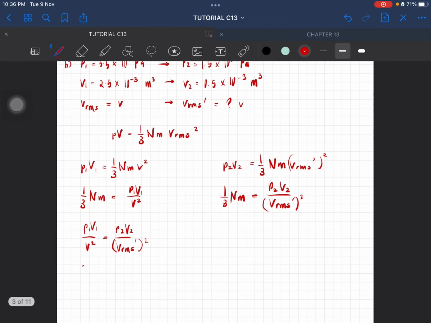Okay. So rearrange this to find this VRMS square. So it becomes P2 V2 over P1 V1 times V square. Okay, V square. Wait, let me double check.